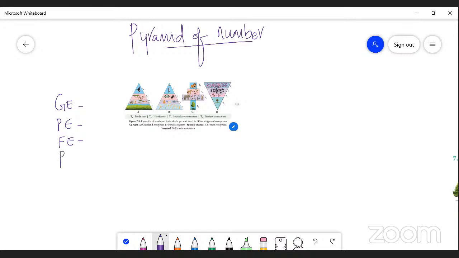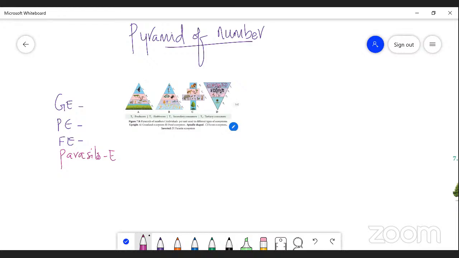Finally, the fourth category is the parasitic ecosystem. So the ecosystem is classified into these types based on the number of organisms.